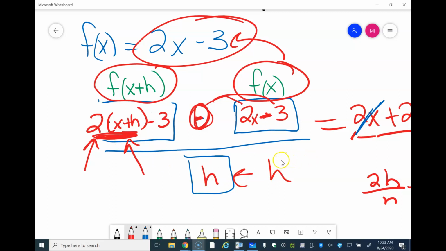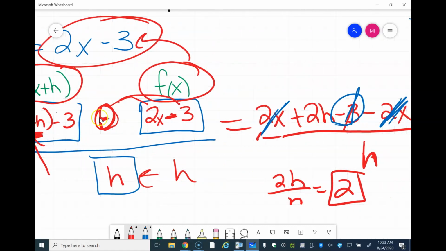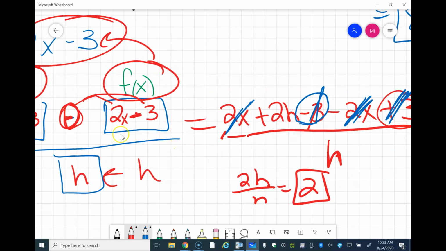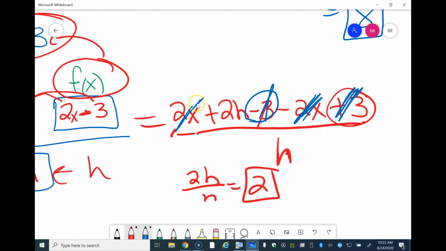Then we come over here and do our math and distribute. So this 2 times this x gives us 2x. This 2 times this h gives us 2h. Remember, we have a negative in front, so we have to distribute this negative to both parts. So we have minus 2x here, and then minus a minus 3, which gives us a positive 3. Now we can cancel out this 2x with this minus 2x. We cancel these out in blue. And then we have a minus 3 and a plus 3. Those cancel out.